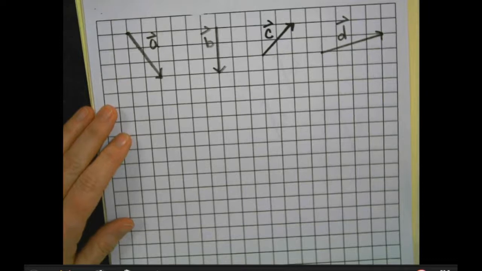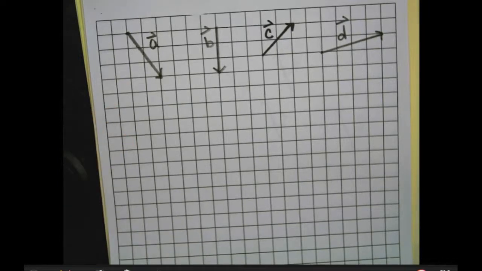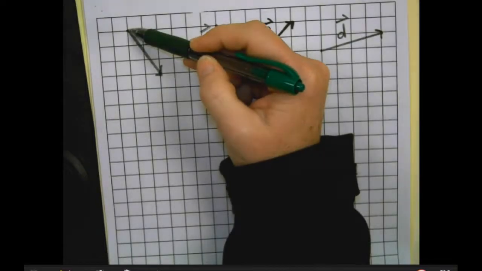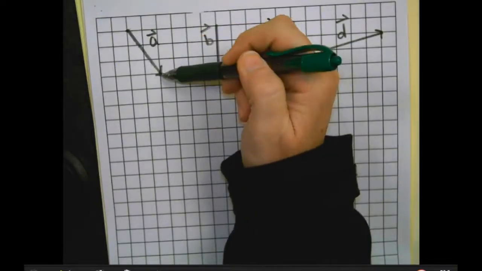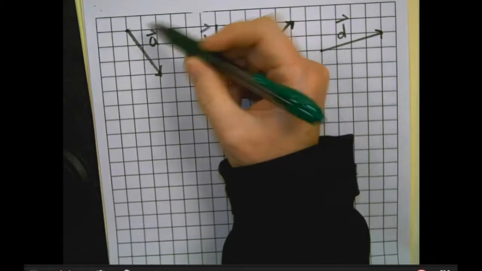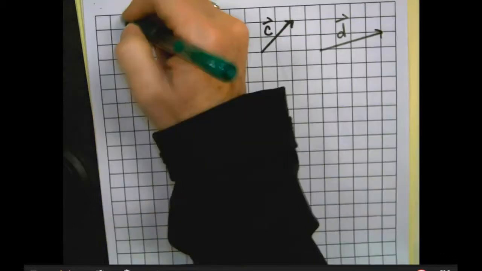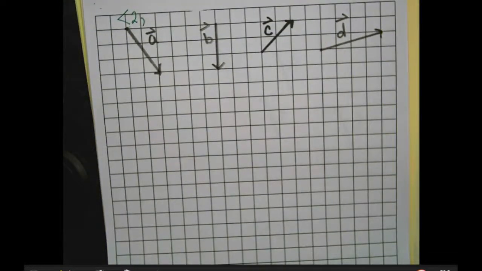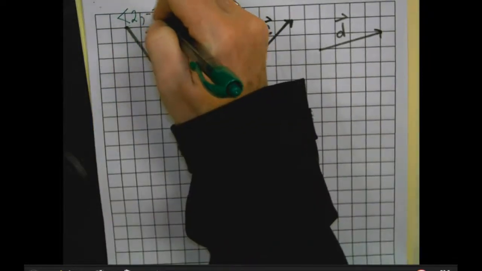Okay, so first of all, if I look at A, how far to get from the initial to the terminal did I go in the x direction? 2. So this one is 2. And how far did I go in the y direction? Negative 3, right?